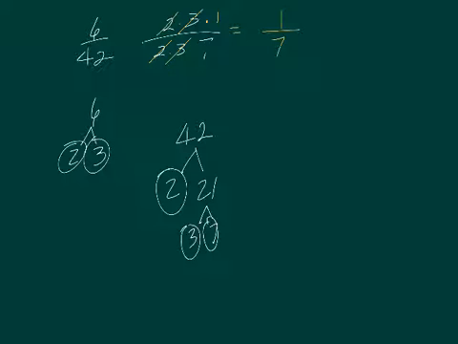Alright, so what if we had something like negative 105 over 30? What we do is we completely ignore the negative until we get to the end.